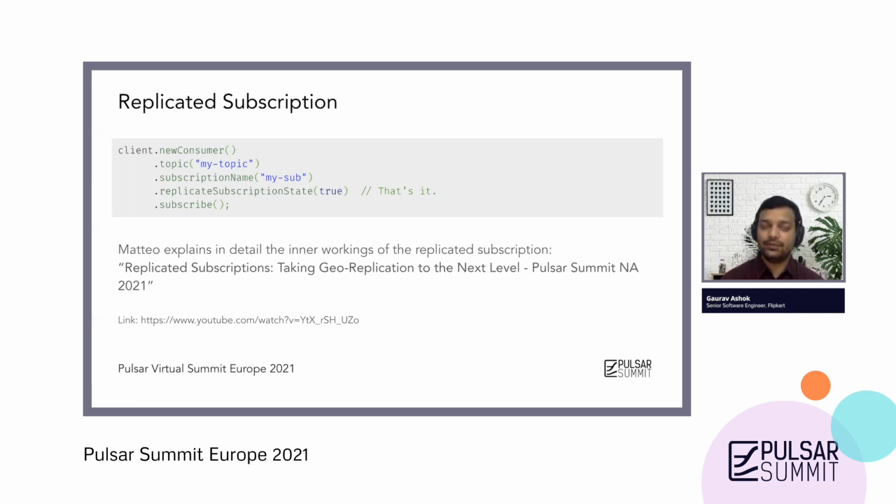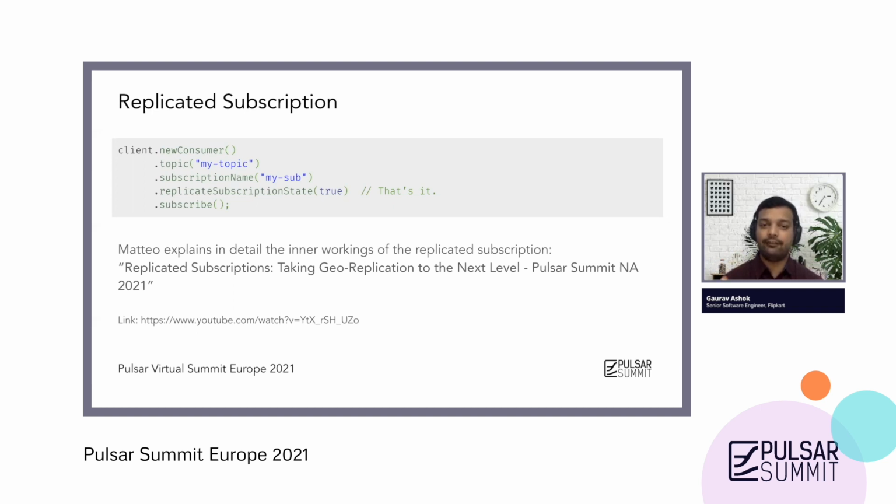To have the failover, you have to enable the replicate subscription state. This will tell the broker to map your subscription's cursor offset to a corresponding offset in the remote cluster, periodically.